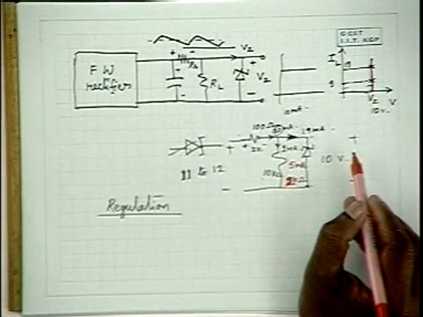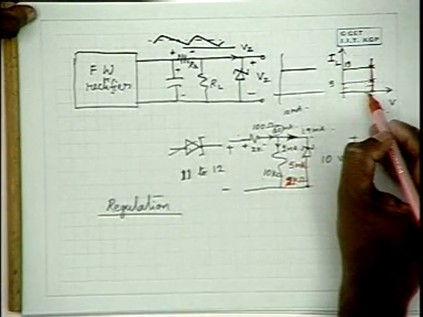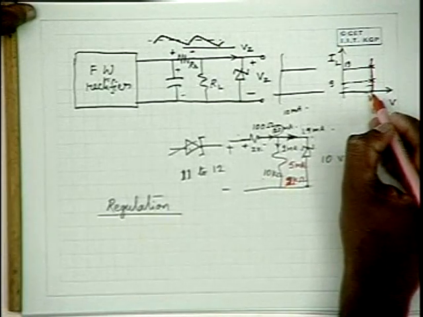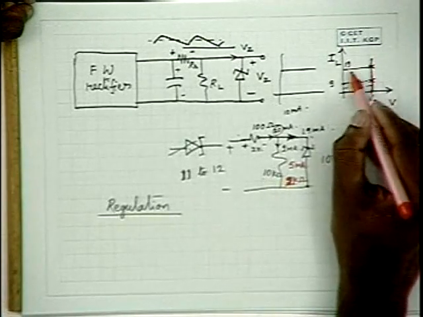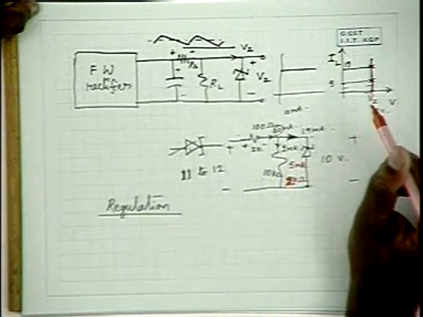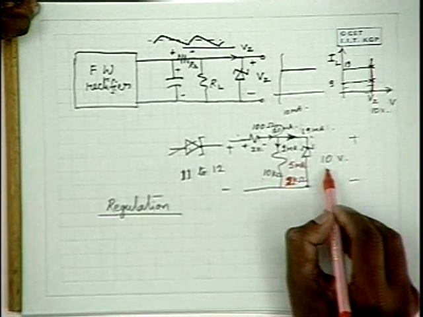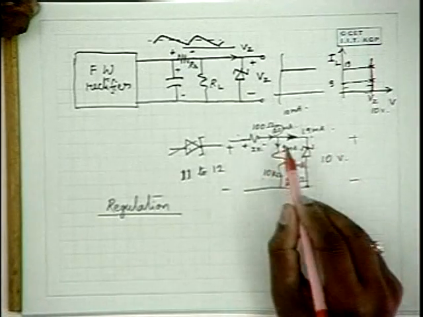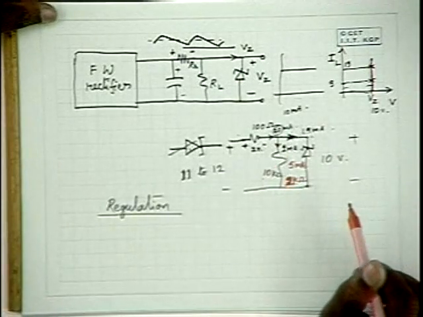How does it happen? Once again, the characteristic of the Zener. With 10 volts plus a few millivolts itself, you can vary the current passing through it. Therefore, with minor variations of a few millivolts in this 10 volts, this current sharing takes place and the output voltage remains constant.